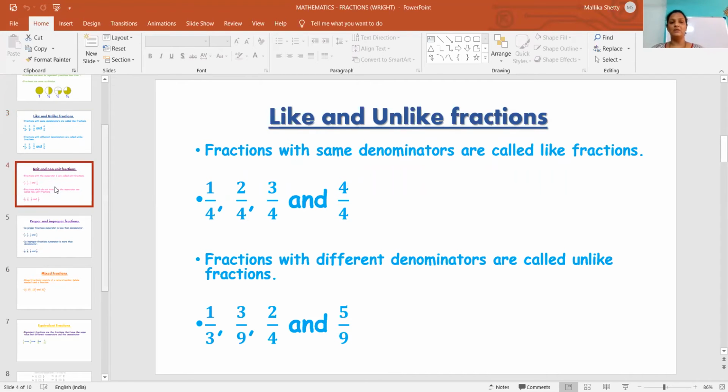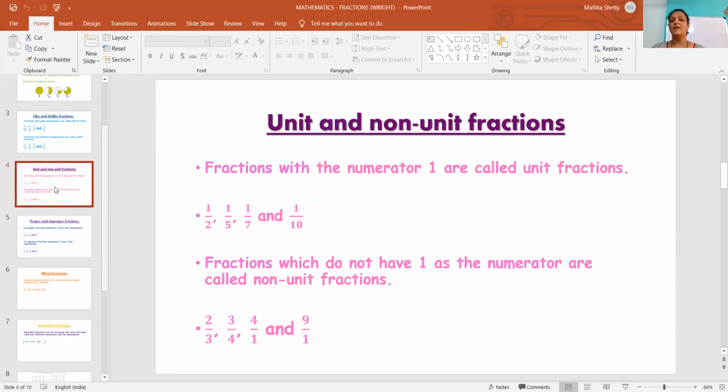Yes, that's lovely. What are unit fractions? The numerator has to be compulsory 1. Then only it is known to be a unit fraction. If the numerator is not 1, if it is 2, 3, 4, 5, and so on, then it is considered to be a non-unit fraction.